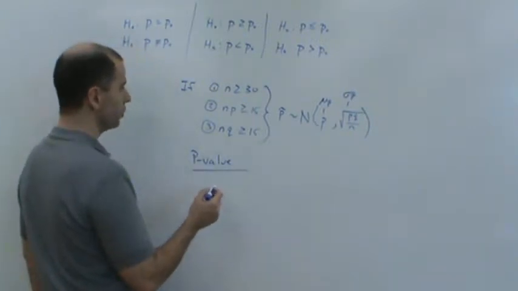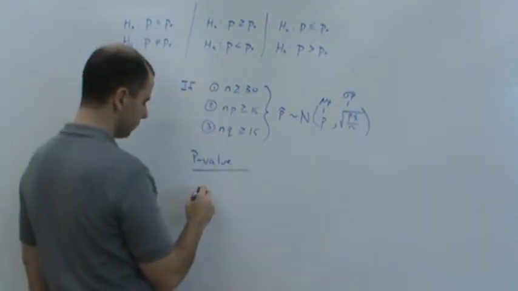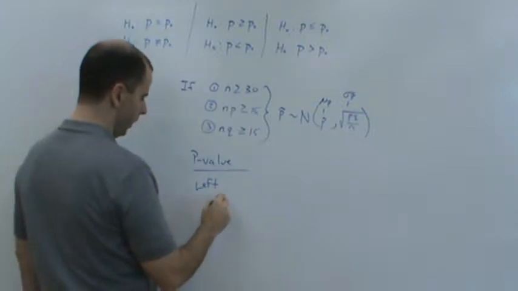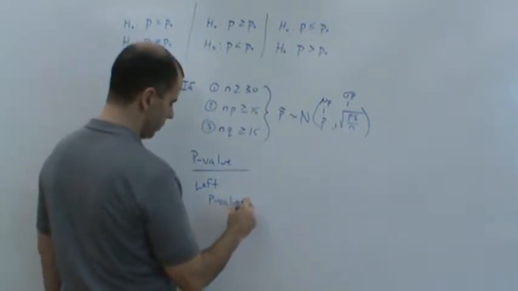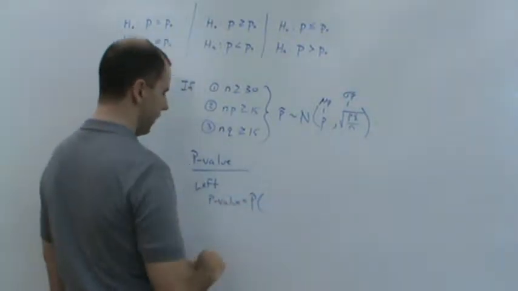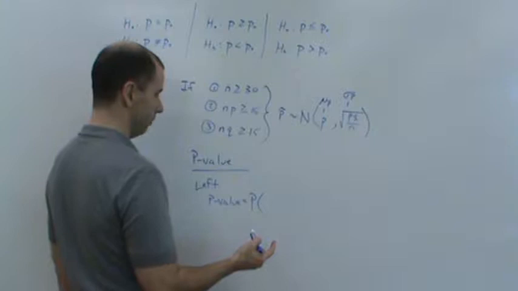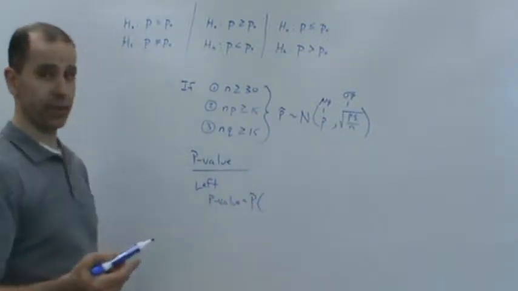So let's say we just use a left tail test for a second. So if it's left tail, then of course our p-value is going to be equal to the probability that our statistic is greater than or equal to some value.